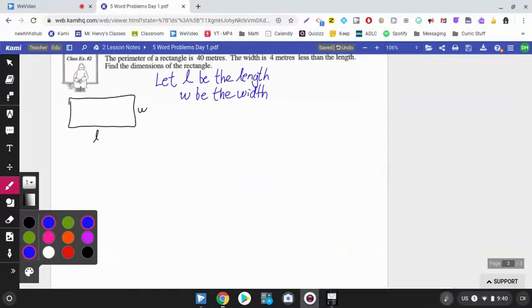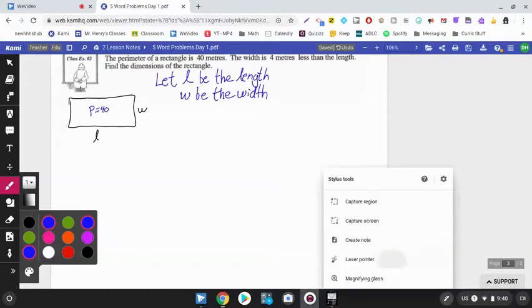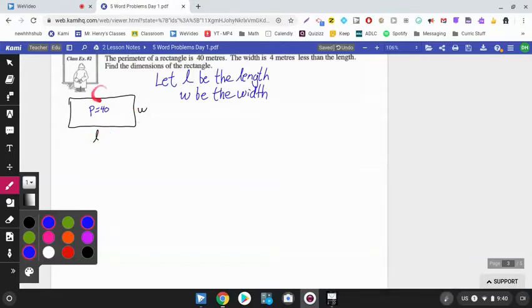The first piece of information: the perimeter of a rectangle is 40 meters. Maybe I put that on my picture, P equals 40. And then you say, okay, perimeter is like L plus W plus L plus W, or 2 L's plus 2 W's.